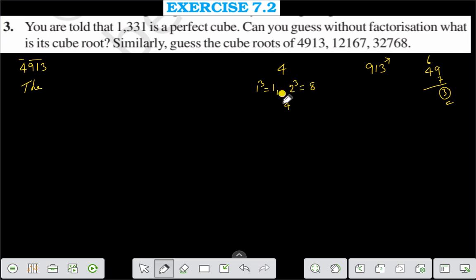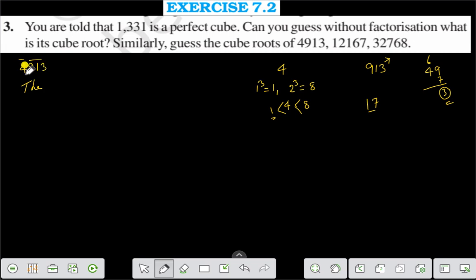So 4 lies between 1 and 8. So you have to take the smaller number, that is 1. So the cube root of this is 17. Now we are explaining this one, right?